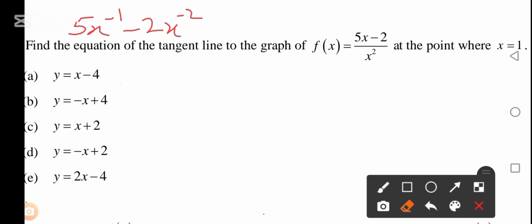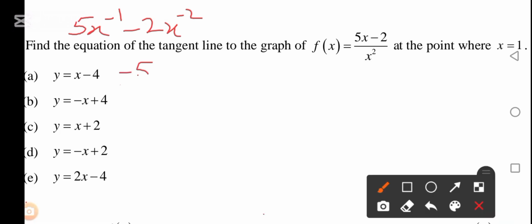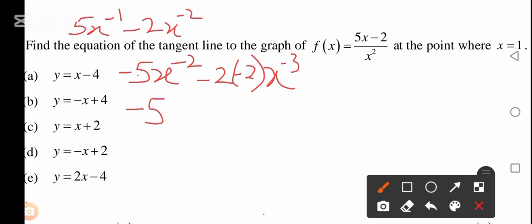After we differentiate, that gives us minus 5x to the power of negative 2 minus 2 times minus 2x to the power of negative 3. So this becomes minus 5x to the power of negative 2 plus 4x to the power of negative 3.